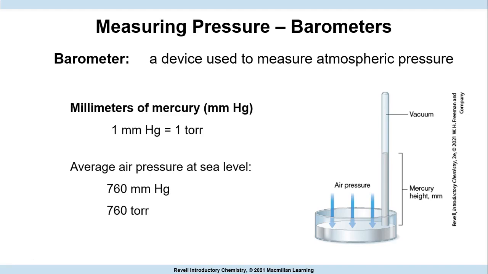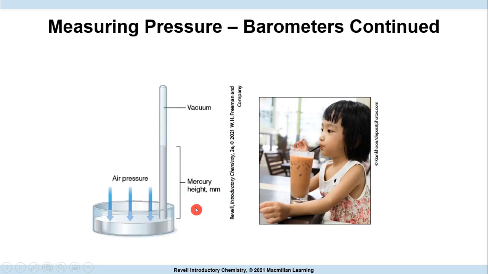Now, the average air pressure at sea level has been measured and found to be about 760 millimeters of mercury. Since 1 millimeter of mercury is equal to 1 torr, that is also equivalent to 760 torr, and that is called the standard pressure. So when you hear standard pressure, it means 760 millimeters of mercury or 760 torr.